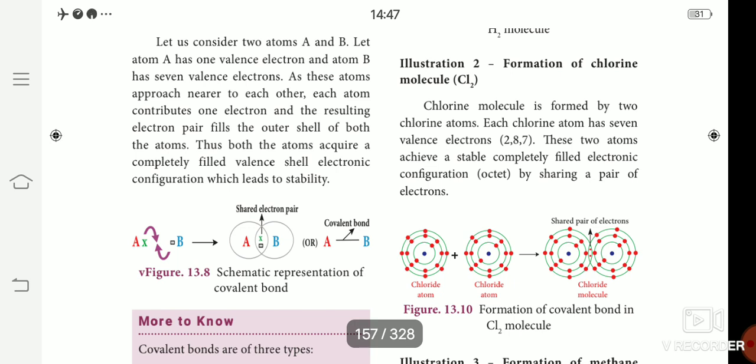This obeys the octet rule: in the last layer there are 8 electrons, so it is a completely filled and stable electronic configuration. So the sharing of electrons creates a covalent bond. This is the chlorine molecule.